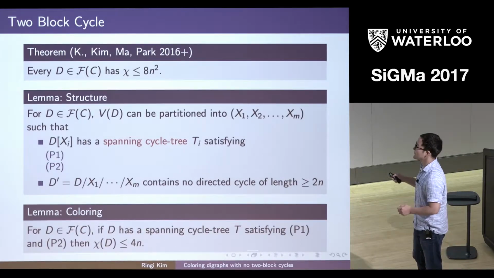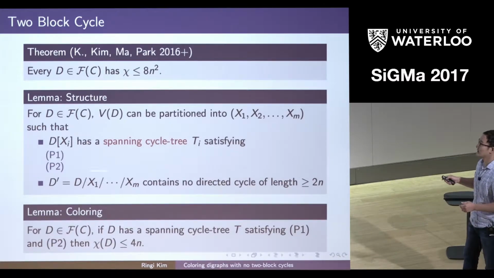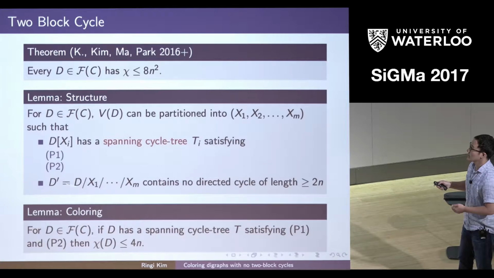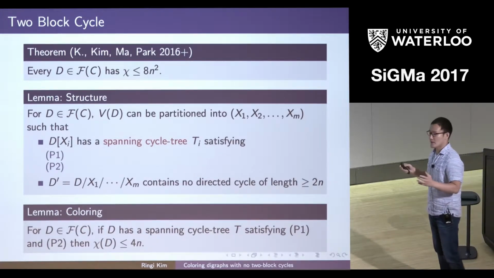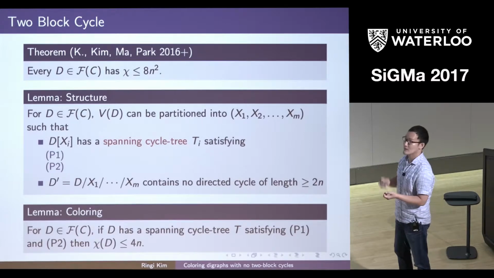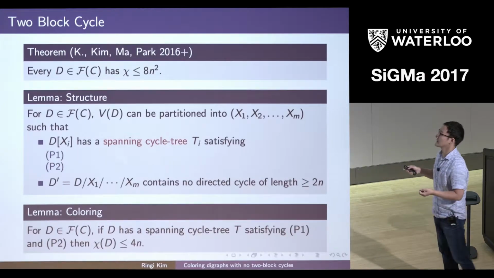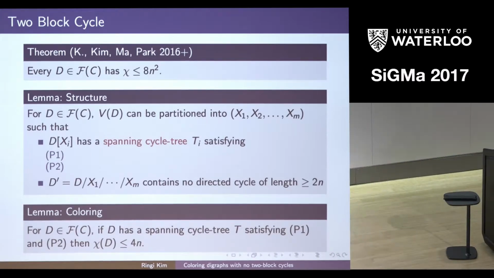So every D[Xi] has chromatic number at most 4n. And the second condition, that D prime doesn't contain a long cycle, means that by Bondy's theorem, the chromatic number of D prime is at most 2n. These two lemmas directly prove the theorem.